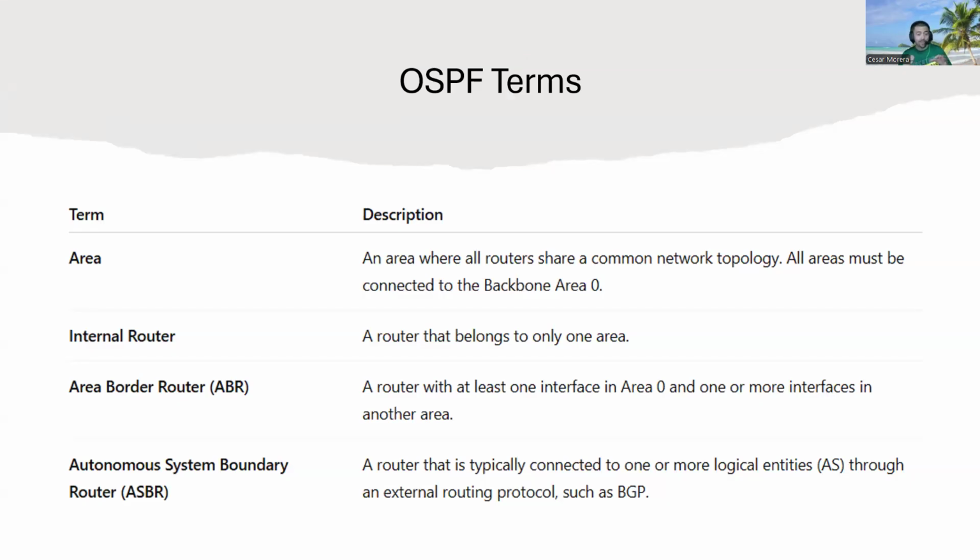An ABR, area border router, is a router with at least one interface in area 0 and one or more interfaces in another area. And finally, the Autonomous System Boundary Router, ASBR, is a router that is typically connected to one or more logical entities, ASes, through an external routing protocol such as BGP.